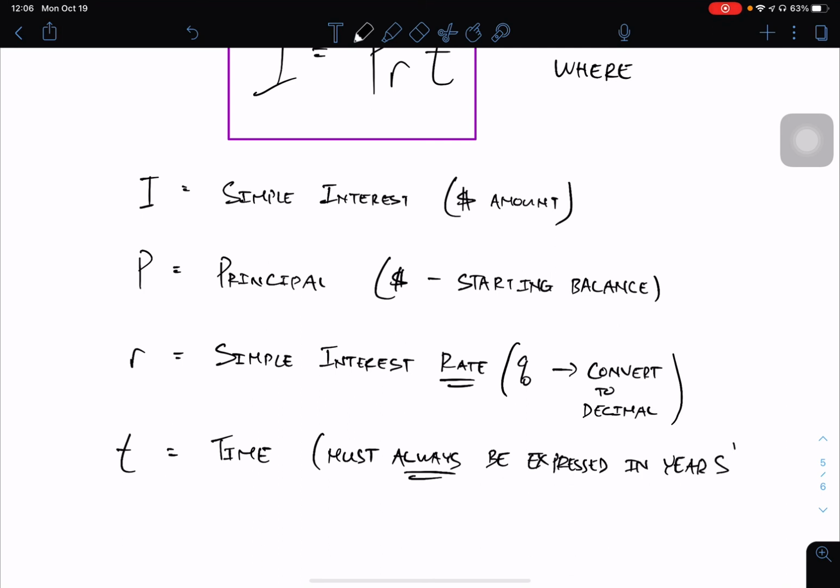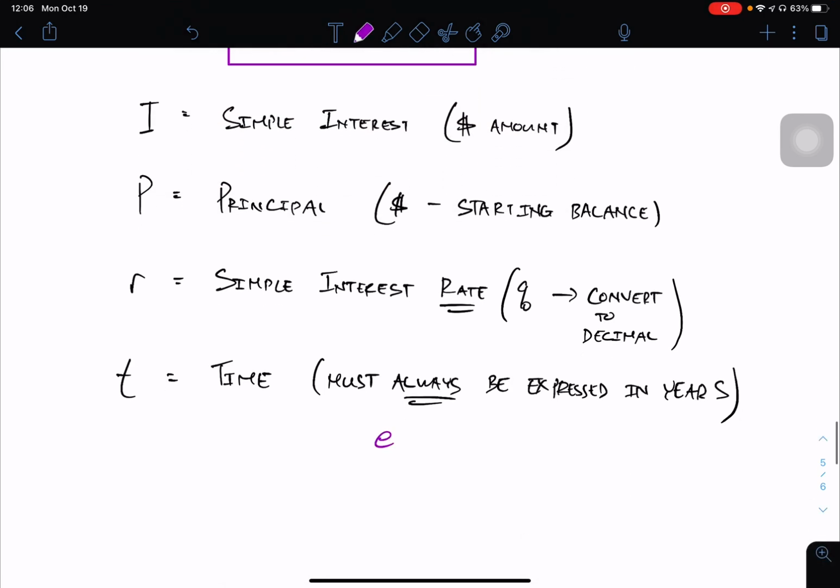So an example of that, I'll write it here, is that if I gave you, oh, you invested for, say, 10 years and 6 months, right? So that's 10 years, 6 months, 10 and a half years. The number you would use is that t would equal 10.5, all right?